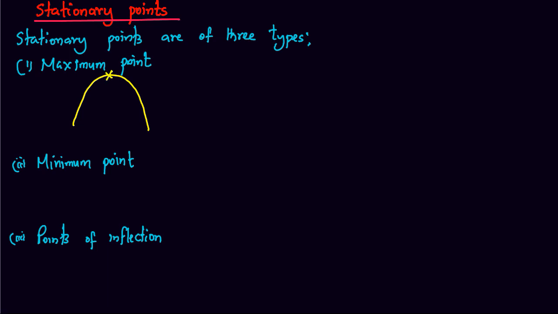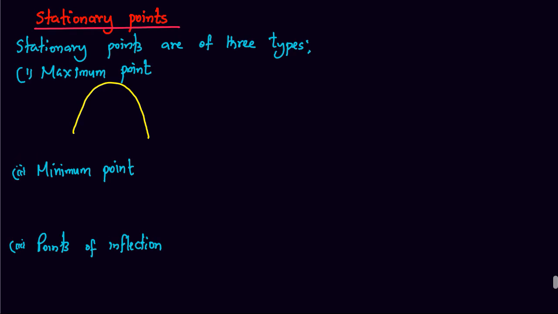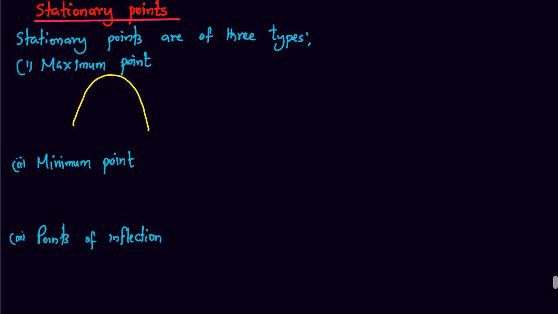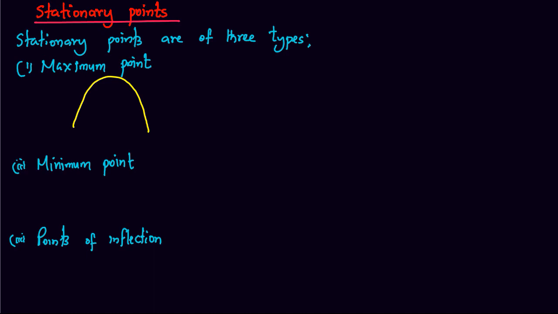So curves that curve upwards. This is called a maximum. The point of turning in this case is called a maximum point.